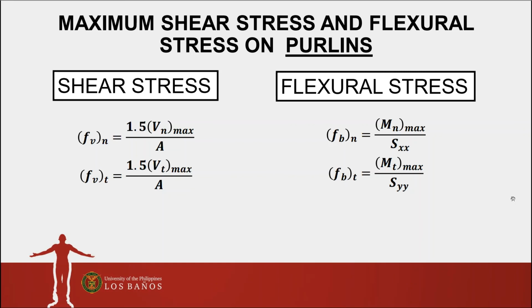For the flexural stresses along the normal direction, that will be equal to the maximum normal bending moment over S sub xx. For the maximum flexural stress in the tangential direction, F b sub t will be equal to the maximum bending moment in the tangential direction over S sub yy.